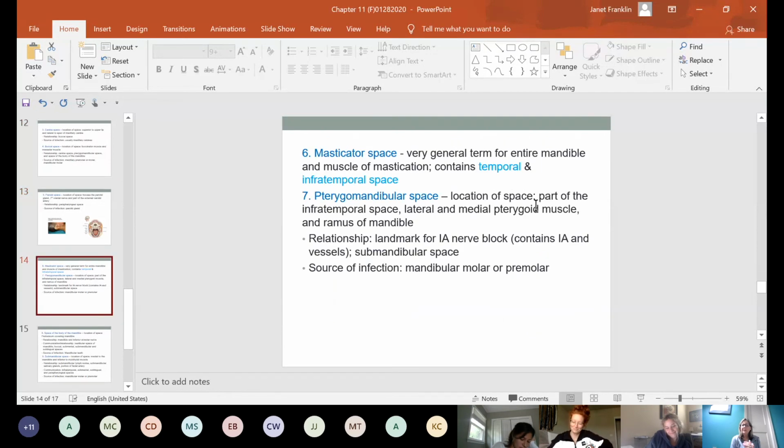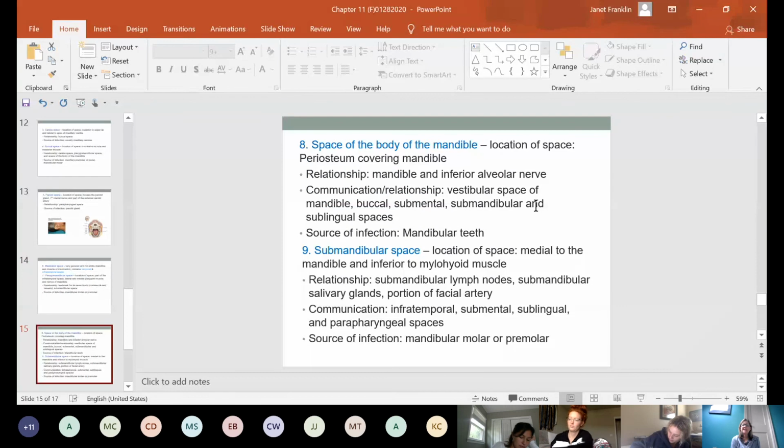Your masticator, think of your muscles of mastication. Like, again, I'm not going to ask you exactly where is that space located. We don't need to know. The space of the body of the mandible, you can get an infection in there from any of your mandibular teeth.